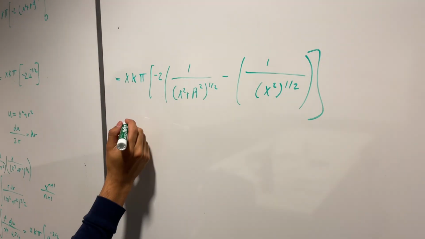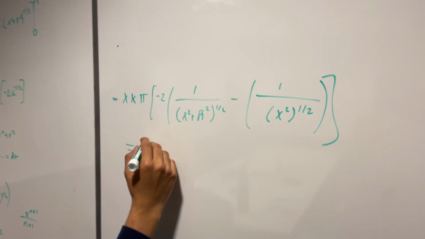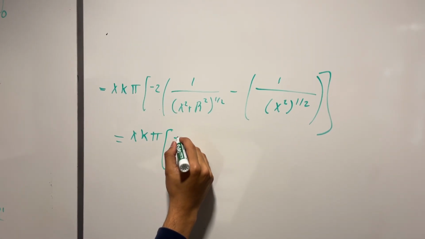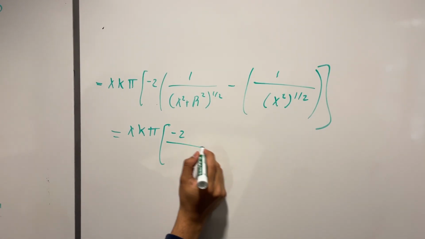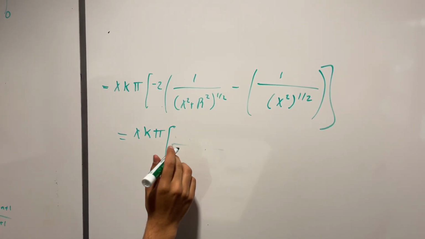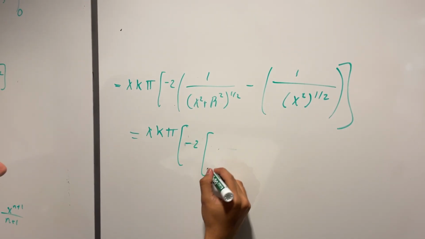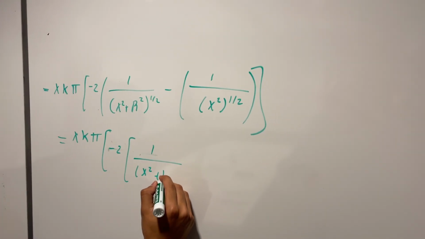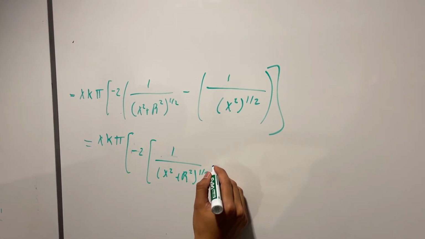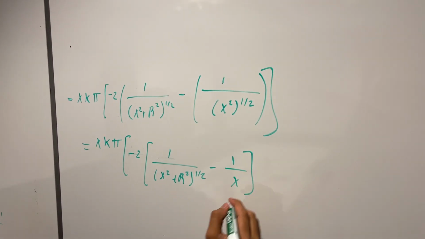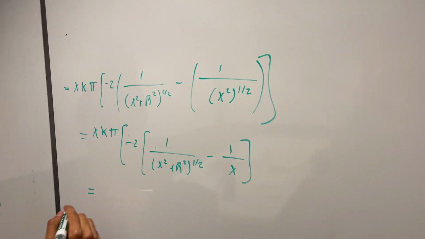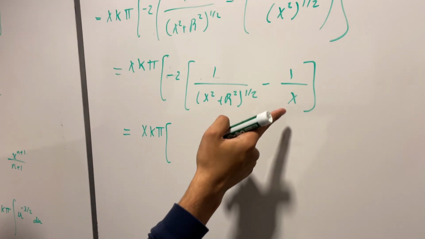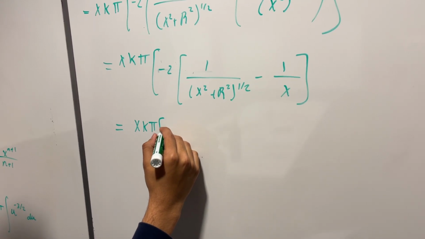And we simplify: x k pi times negative 2, and actually we can pull that out. We get negative 2 times 1 over the square root of x squared plus r squared minus 1 over x, and distributing the negative, this is x k pi times 2.